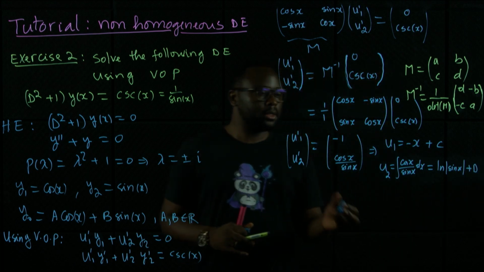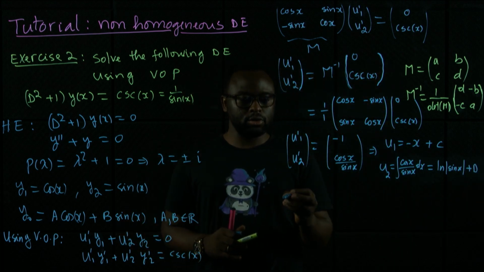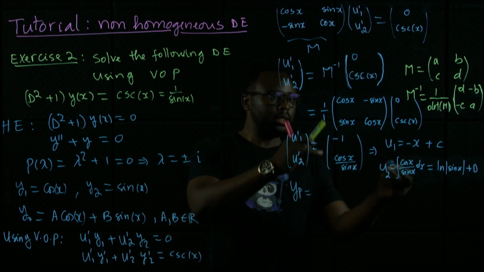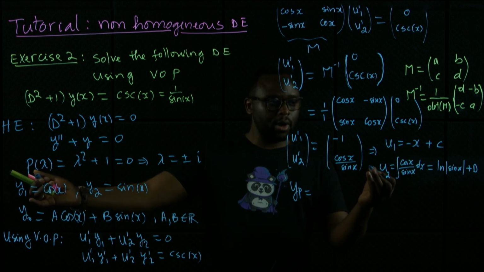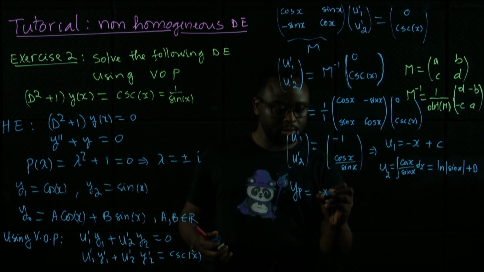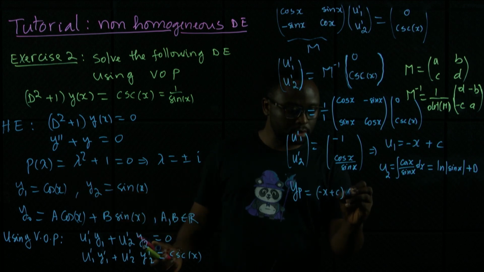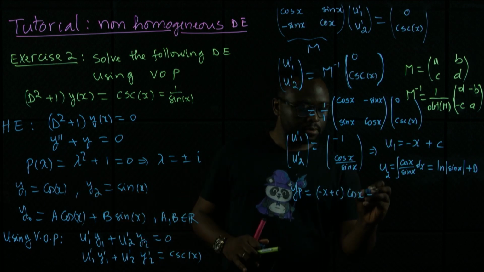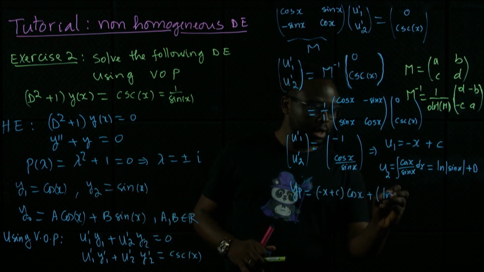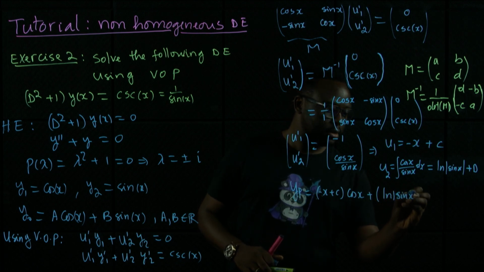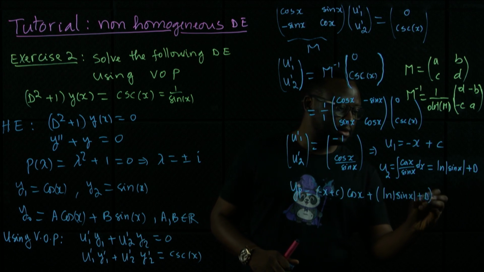All right, now that you have u1 and u2, you can write yp, the particular solution, which is u1 times y1 plus u2 times y2. So this is (minus x plus c) times cos x plus (logarithm of sin x plus d) times sin x.